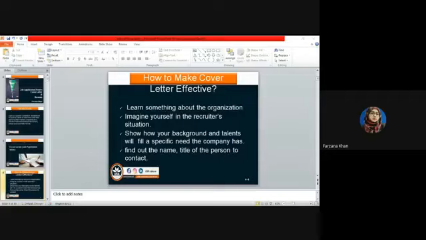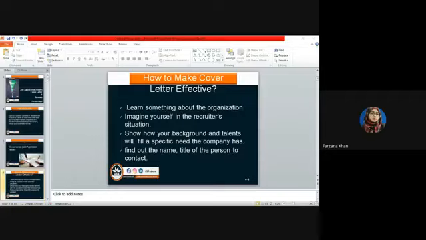So definitely accompany your resume with a cover letter. You can achieve this purpose by learning something about the organization you are applying to and focusing on your audience, meaning consideration.